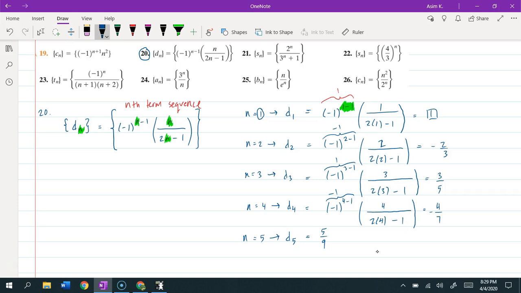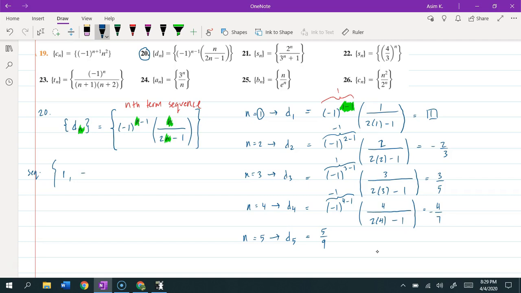Okay, so watch carefully. I know that I started off with 1, right? The first term was a 1. Now, when we write out a sequence, so what I'm writing out here is the sequence, you separate the terms with commas, right? I noticed that the first term was a 1.